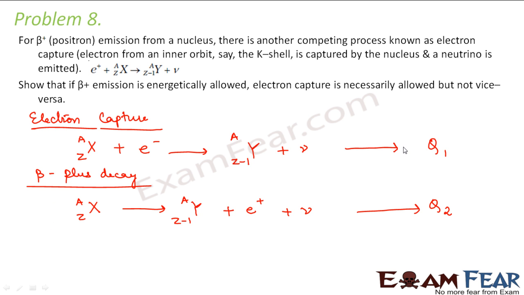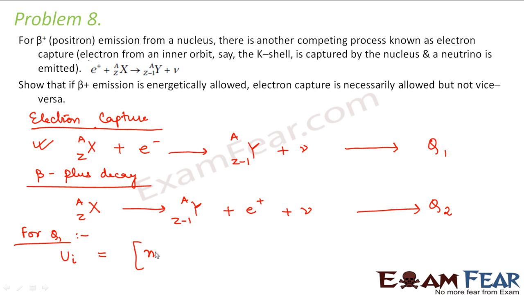Now we will calculate, because the Q value will actually determine whether the process is energetically allowed or not. So for that we will have to calculate the values of Q1 and Q2. So let us first calculate the value for Q1. So what happens for Q1? If you look at this reaction, what is Ui? That is the initial rest mass energy.